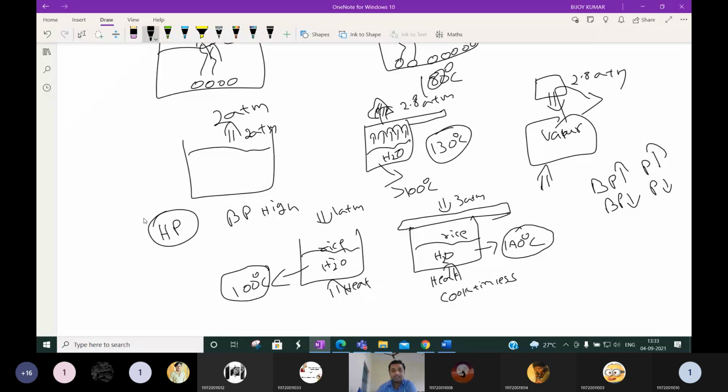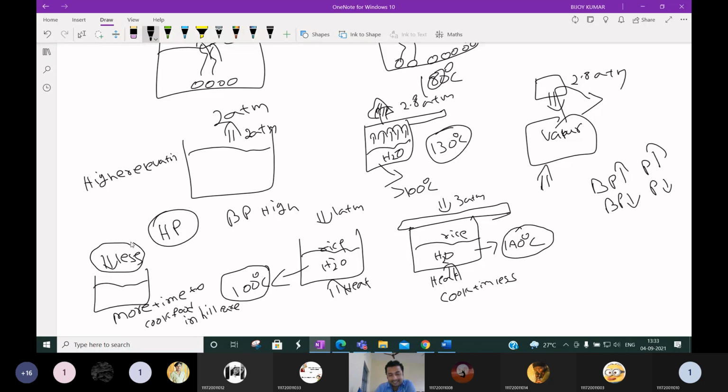And the next question is, in the higher elevation, that means in the hilly area, generally the atmospheric pressure is less. Then we say that it will take more time to cook food in the hilly area. Yes or no?